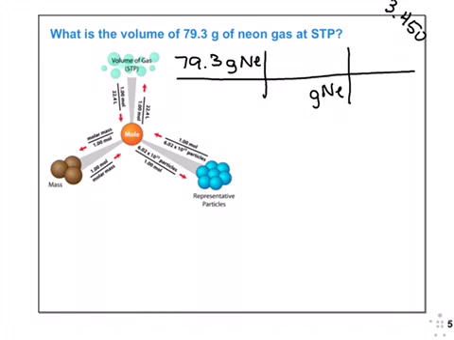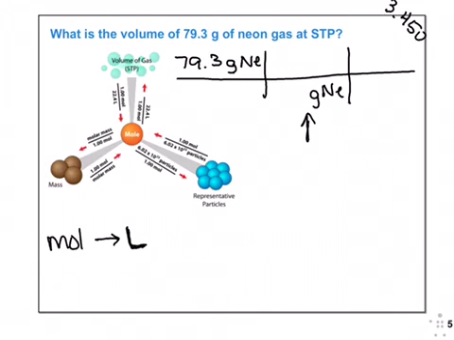No, we don't have a ratio for grams to liters. What is our ratio to get into liters? Because that's our end unit, right? For volume. So what do we know converts into liters? Moles.